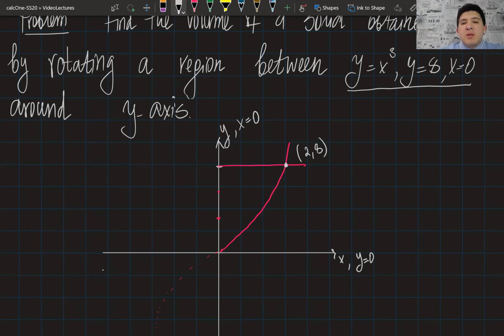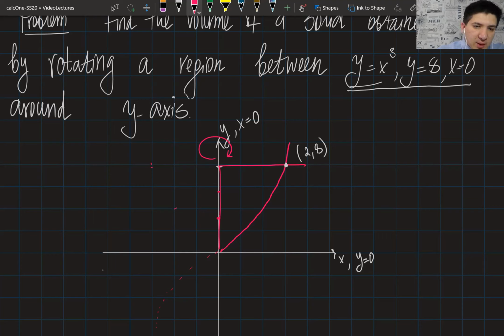Because if you substitute the 2 into this curve, y is going to be equal to 8. So we have to rotate this region, which is bounded by the three curves, right? We have to rotate this around the y-axis and find the volume of a solid which is obtained by rotating this.